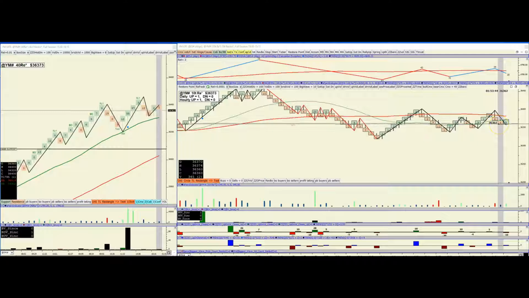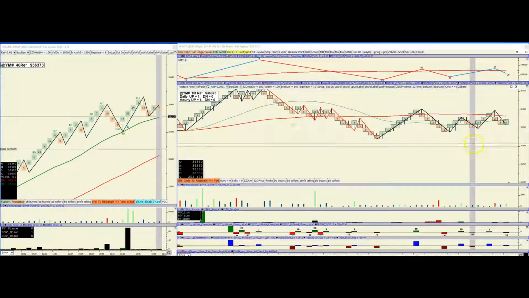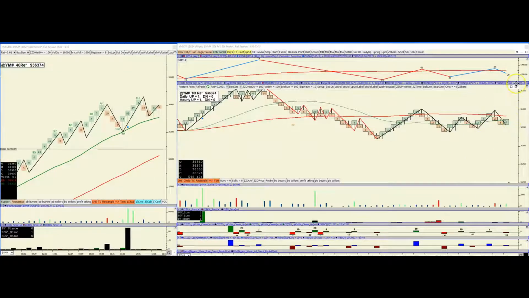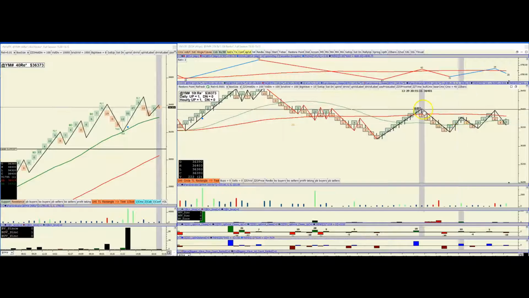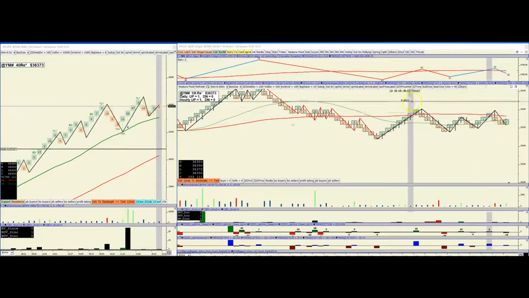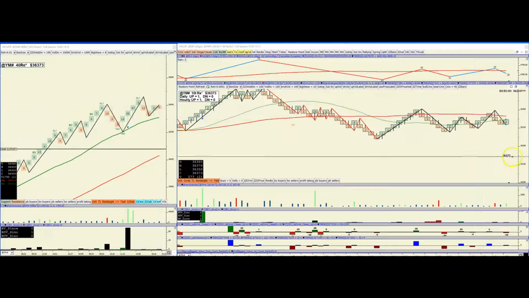In my opinion, that's not a good sign. I could be wrong, and this could reverse and go right back up. But the way I view it, you have resistance here, tried to break here on this level. So there's resistance, and there's just selling pressure off of it. So I would not consider it bullish.